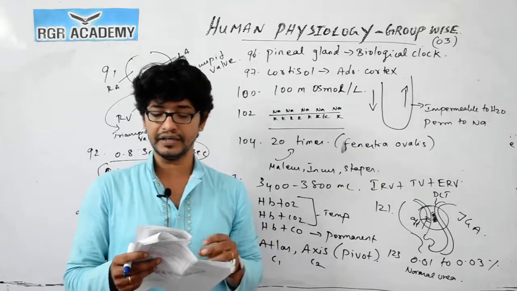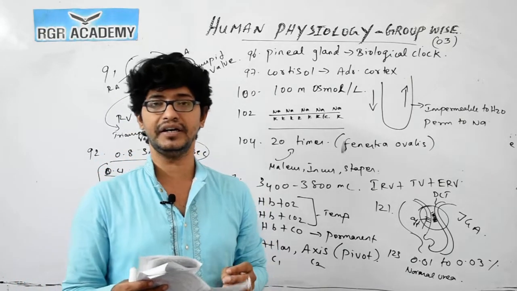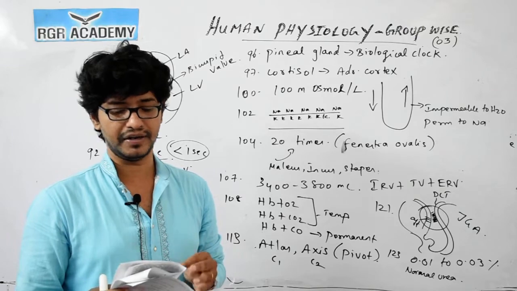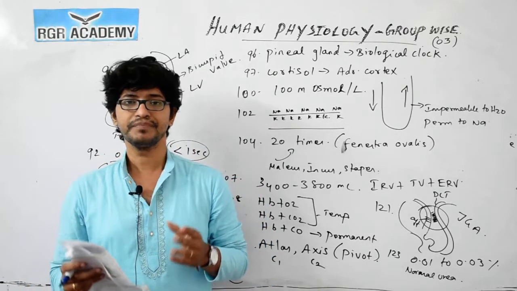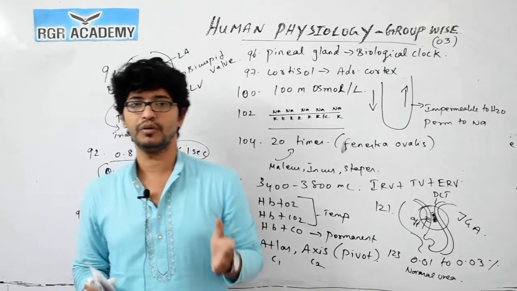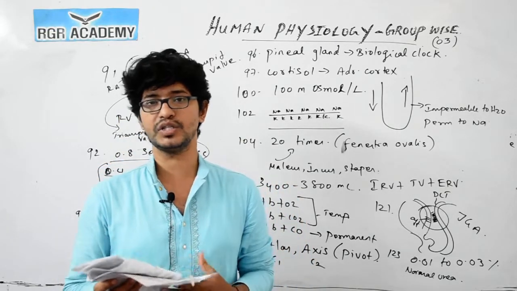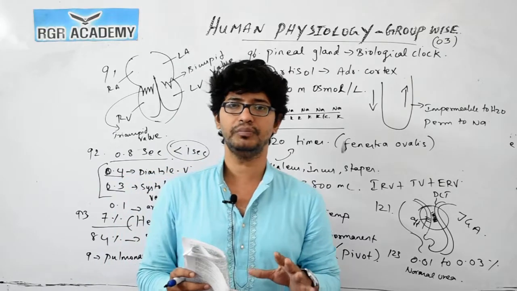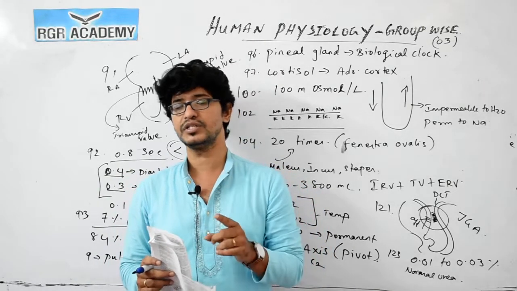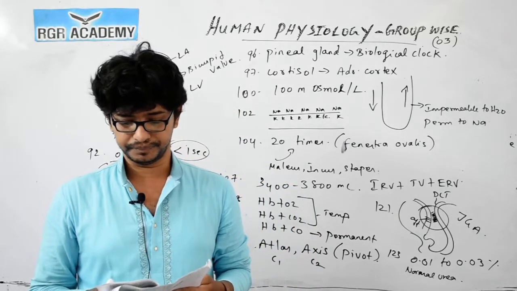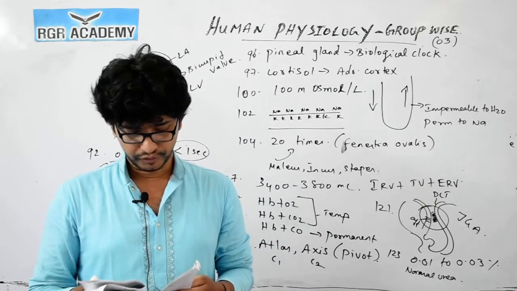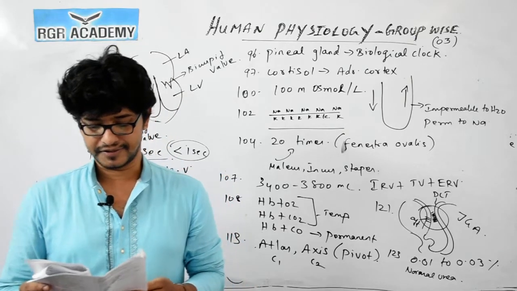It does not play any role in hearing, but is responsible for maintaining the balance of your body and especially the posture, how we can walk properly. It has no main role in the hearing mechanism, but plays a very important role in determining the posture of your body. So for 127, option 3 is the correct answer.